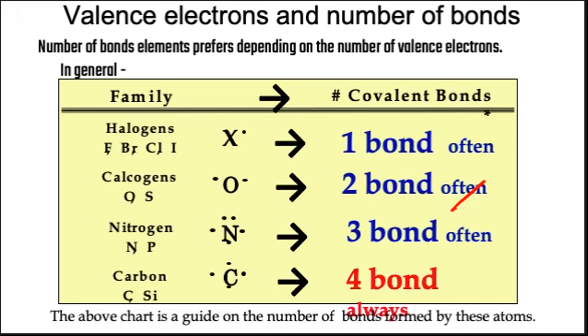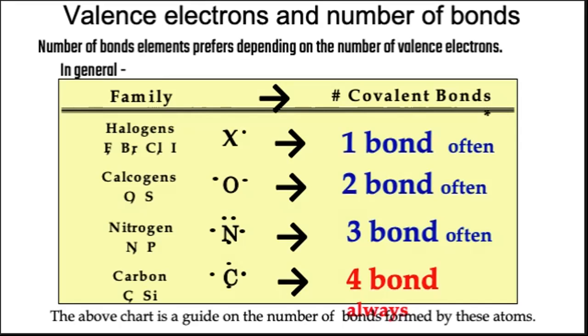And another thing to remember also is that valence electron will determine also the number of bonds. The number of bonds elements prefer depends on the number of valence electrons. So if we have 1 valence electron, or it needs 1 electron, usually a single bond.